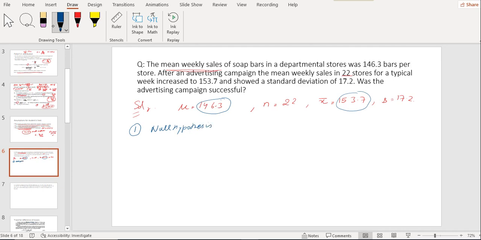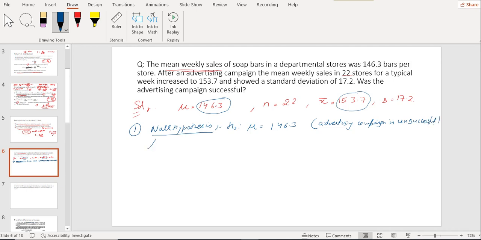Null hypothesis means no change. So we are assuming that even after the advertising campaign there will be no change in the average value. It means its value will remain 146.3 only. What does it mean? It means that the advertising campaign is unsuccessful.